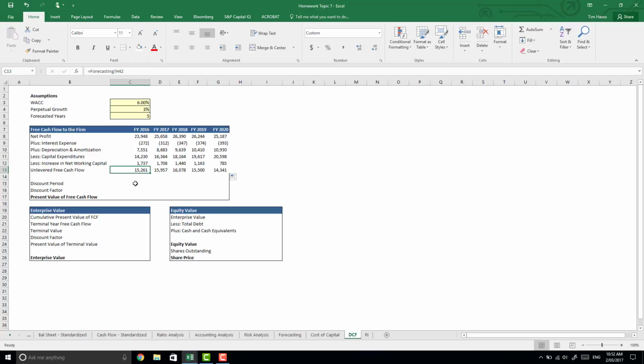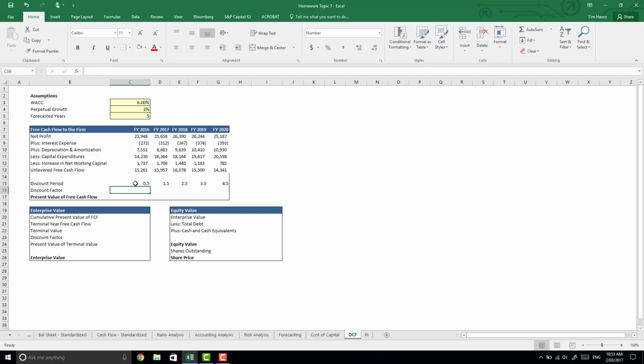So if we were to take a discount period of 1, we would discount them a bit too much. So what we usually say is that the discount period for the first year is 0.5, because on average that cash would have been received mid-year. For the second period it is 1.5, third period 2.5, 3.5, and so on.